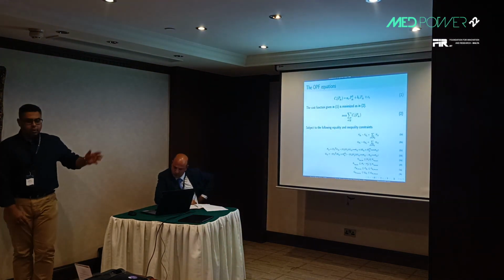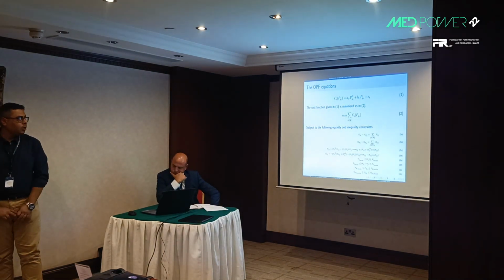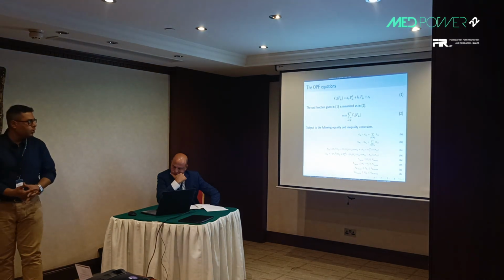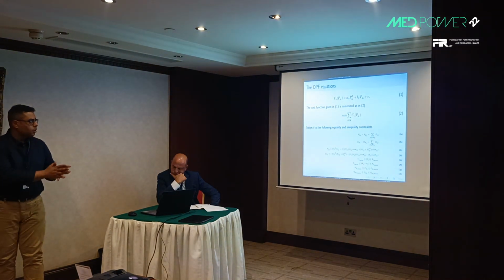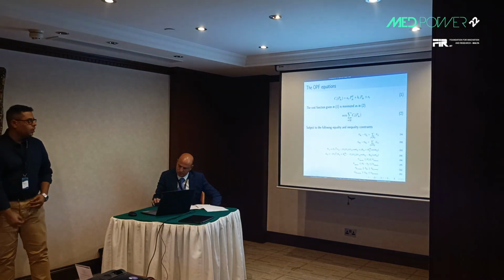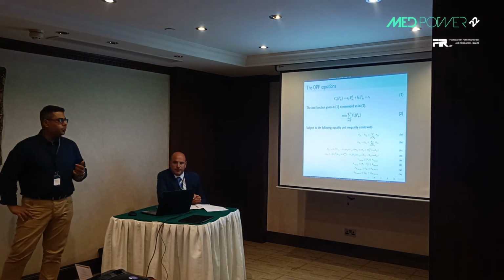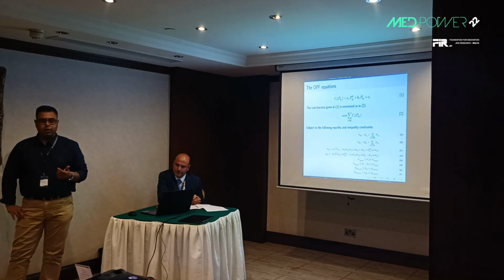So this is what an OPF looks like. We have a simple generation cost function, which is the quadratic cost function. We have to minimize that cost function based on these constraints. Some of them are equality constraints, some of them are inequality constraints, and the non-linearity comes from the voltage constraint, which is basically a phasor.